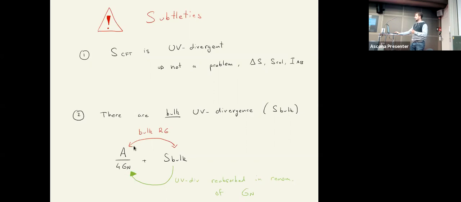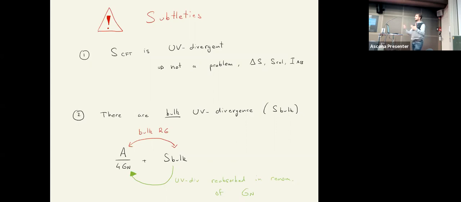Then running the bulk RG is just shifting contributions from this bulk entanglement entropy term into the area, or vice versa, depending which way you go. It's also known that there are field redefinitions in some cases that can also shift terms from one side to the other. But this immediately should tell you that maybe there's a problem with what I'm trying to do.